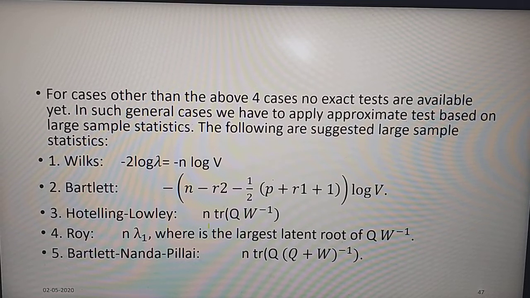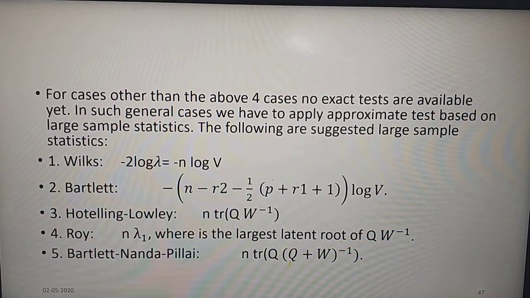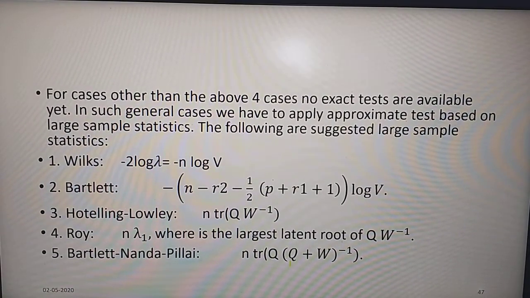Then Hotelling-Lawley, n trace of Q W inverse, and by Roy, n lambda 1, where lambda 1 is the largest latent root of the matrix Q W inverse. And the fifth one is Bartlett-Nanda-Pillai, n trace of Q (Q plus W) inverse. You know W is the within matrix, Q is the between matrix that we have already discussed.